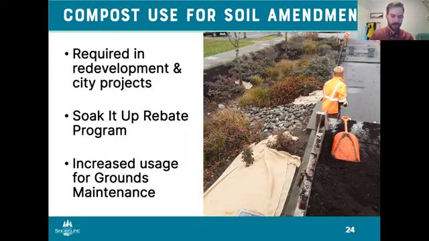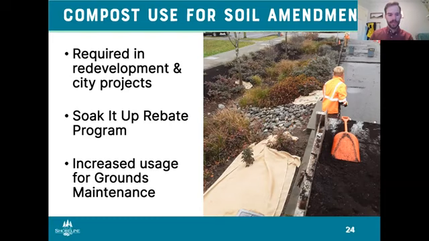Here's a photo of our grounds maintenance division, which has started using a lot more compost and wood chips, and you can see the burlap, the sheet mulching method there, for a natural weed barrier. We also have the Soak It Up rebate program that provides money for private property owners to install native vegetation landscaping on their properties.